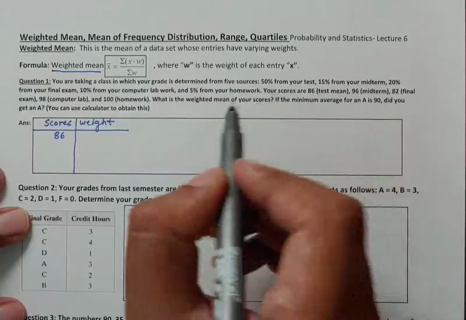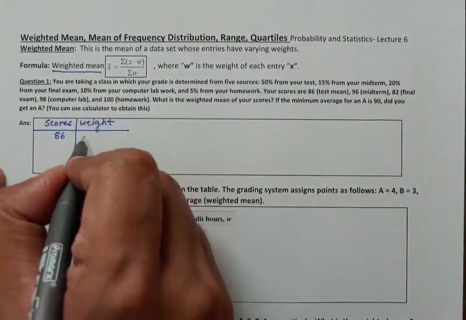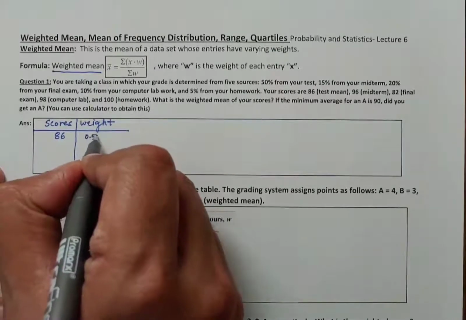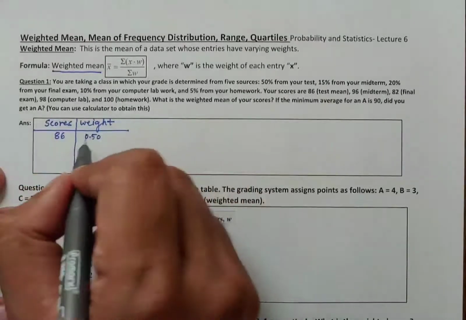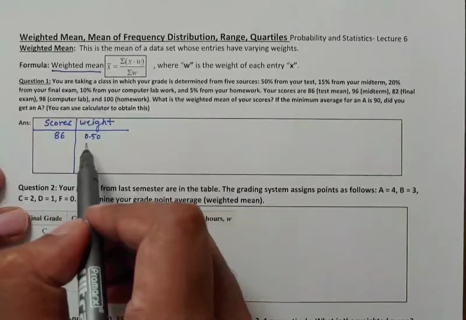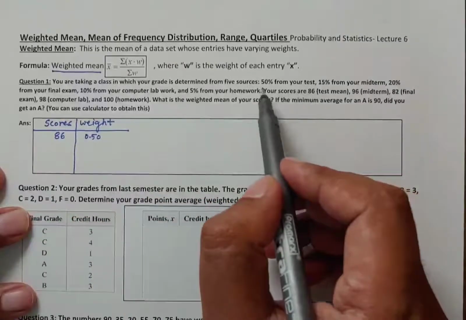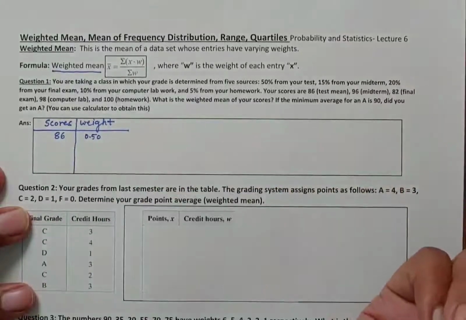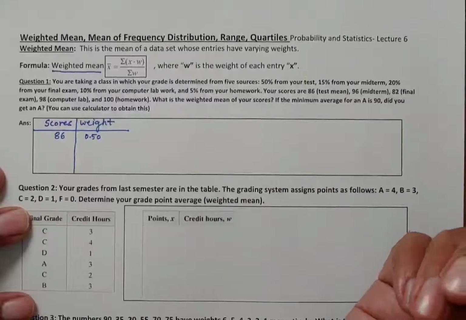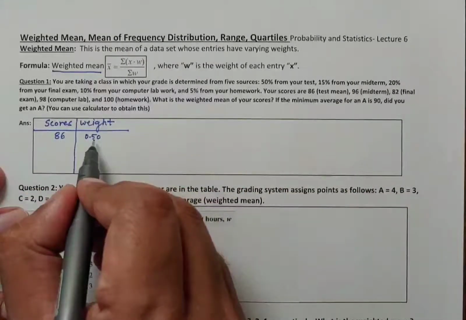You can write 50 or you can write 50%, so 0.50. That is the weight. You can write 0.50 for the percent, or you can simply write 50. You will get the same answer. So 86 has 50% weight.